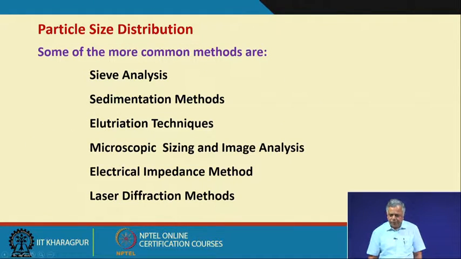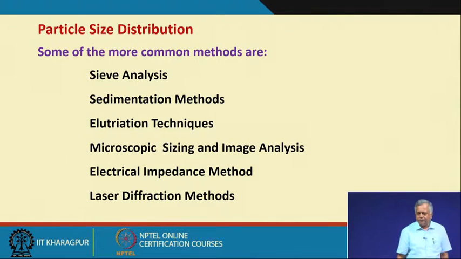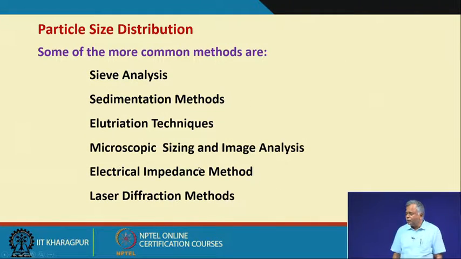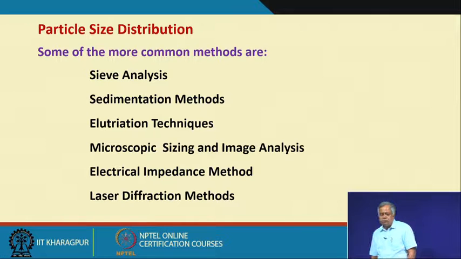But apart from this sophisticated analysis, there are some more common methods also available, which are frequently used in many mineral processing plants. One is sieve analysis. That is a very common one.